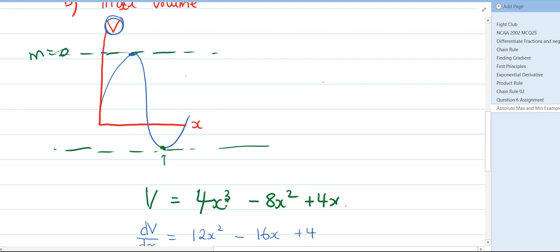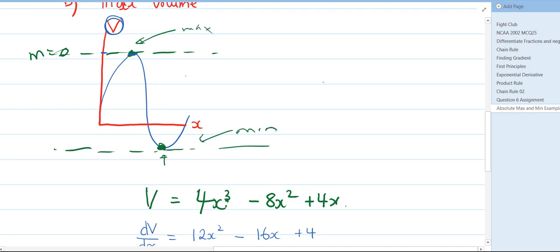So you just found out that you've got 2 stationary points, one here and one here. What you don't know is whether those points are maximums or minimums. Now, because I've drawn a cubic graph, you would say this is the max and this is the min.